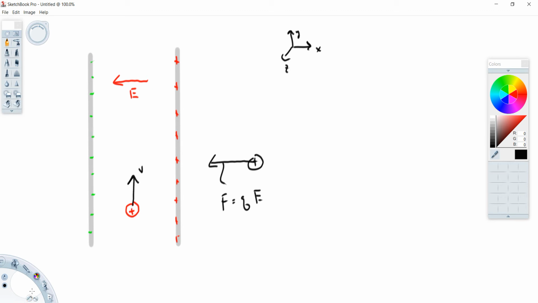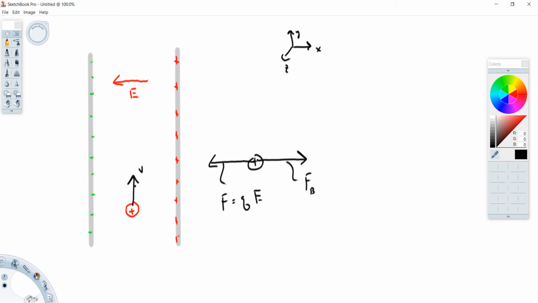The idea of a velocity selector is to superimpose another type of field, in this case a magnetic field, in such a way that the magnetic force on this particle is to the right. So that's going to be a magnetic force instead of a Coulomb force, so that this particle could then move on with constant velocity.